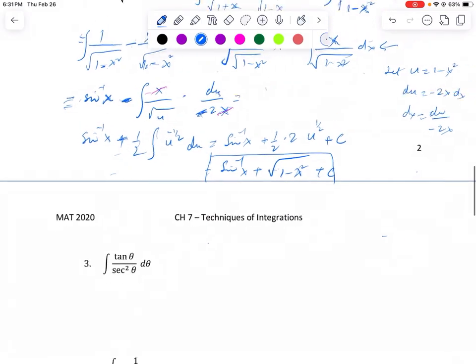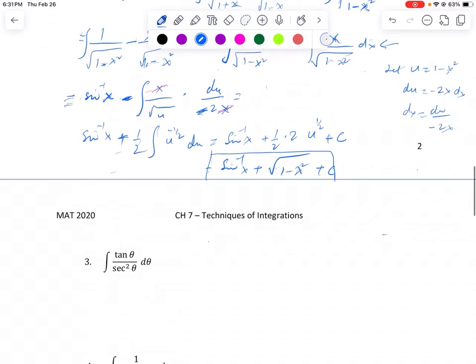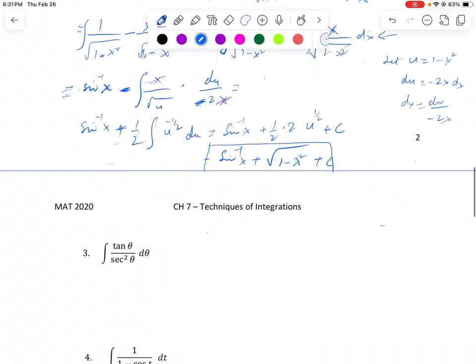Looking at the next problem, I have tangent theta over secant squared theta. Now in section 7.2, you might recall you have seen integrals which involve secant and tangent, but in almost all of the examples that you saw, both quantities were in the numerator with different powers. But here the denominator is secant squared theta and the numerator is tangent theta.